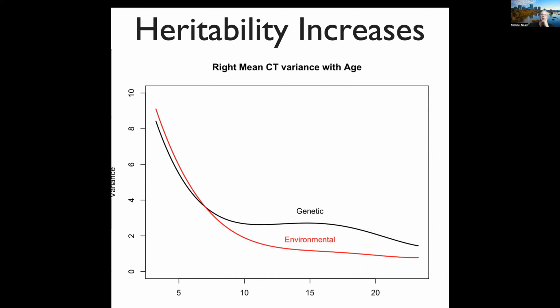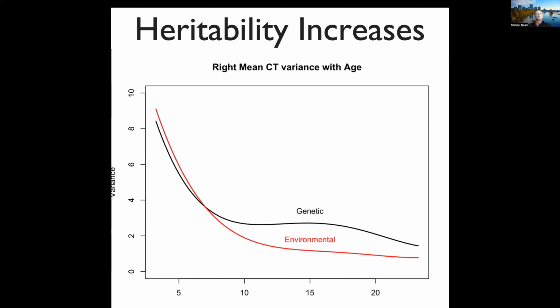And we see that the genetic variance sort of flattens out at around about 3, fairly early on, sort of age 9 or 10, whereas environmental variance continues to decline fairly rapidly during that period and maintains something of a distance from the genetic variance, indicating that you would have higher heritability than environmental variance for all the places where the black line is above the red line, and vice versa for where the red line is above the black.